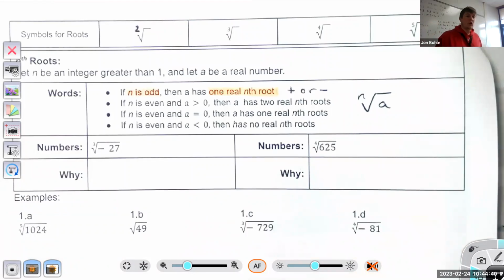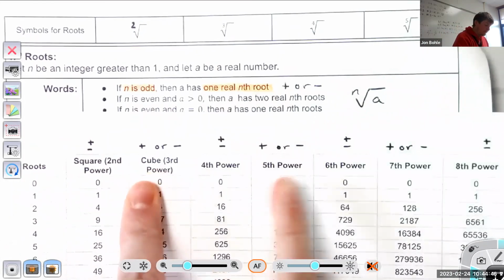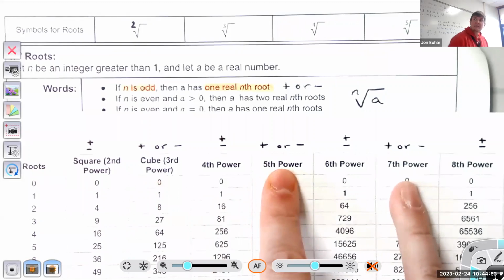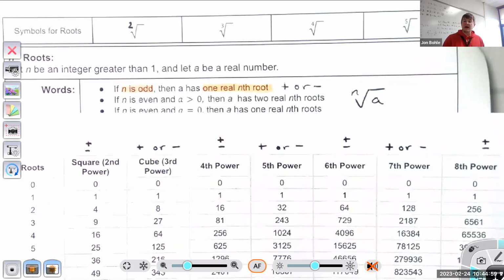Hopefully, looking back to the sheet I just did for you, look at all the odd ones. What did we put at the top? It's positive or negative. So if you're finding the odd root of a number, your answer is either going to be a positive number or a negative number.